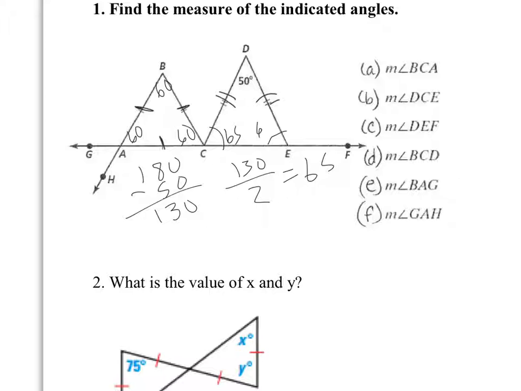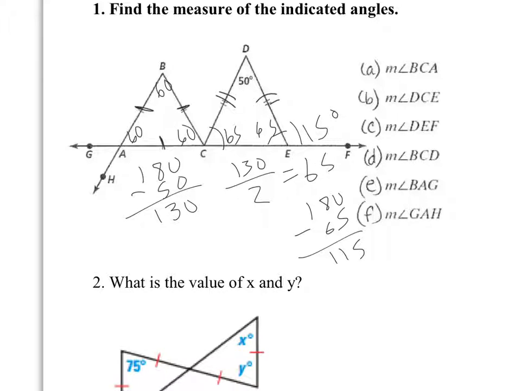So 65 there, 65 there. This angle here, this 65, and this exterior angle are a linear pair. They're going to add up to 180. So 180 minus 65 is 115. You got that angle there.